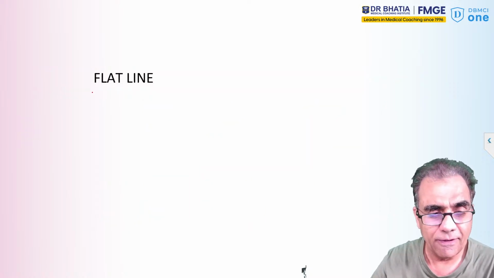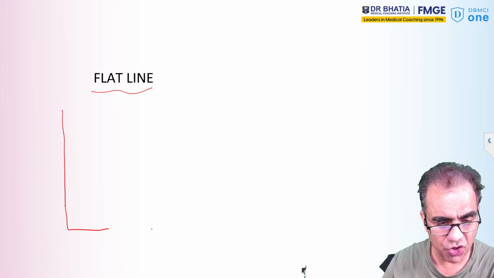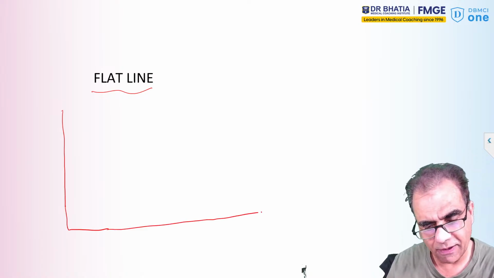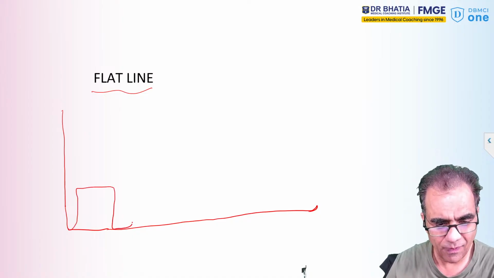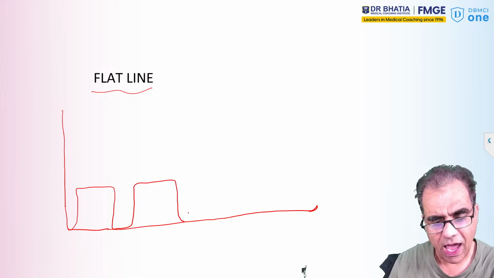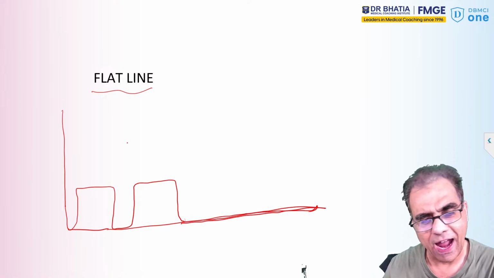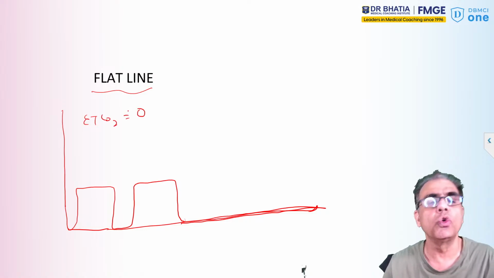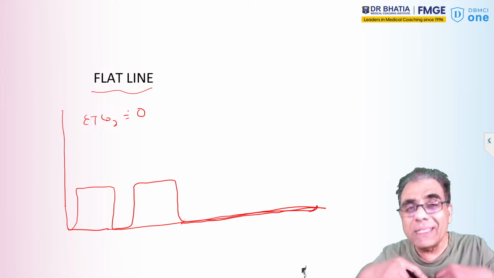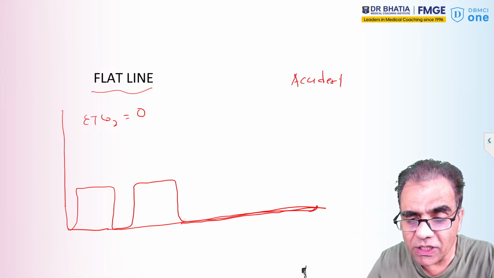Then flat line, the most disastrous complication. CO2 was coming nicely, like a normal graph. And then you see there is no CO2, flat line. And the value on the monitor of EtCO2 starts to show you zero. What does that mean? That means the tube has slipped out. Accidental extubation.